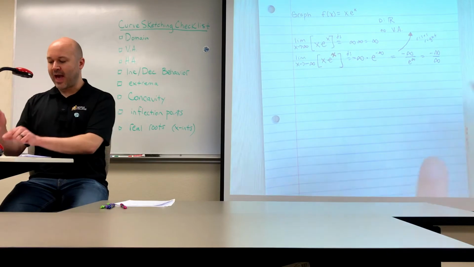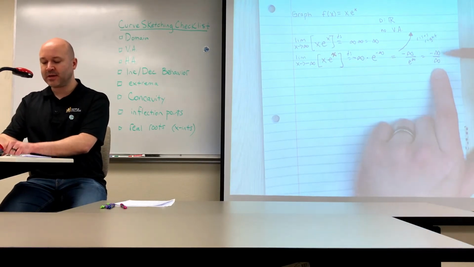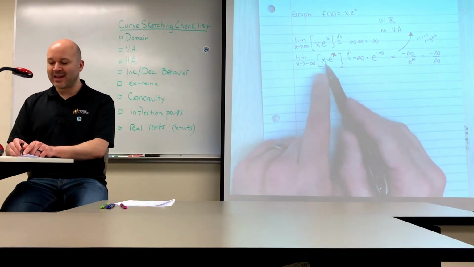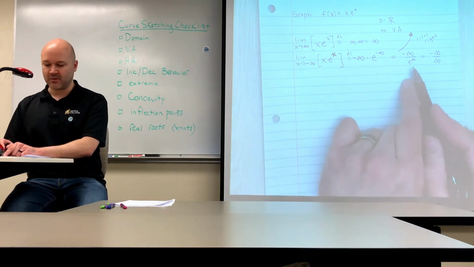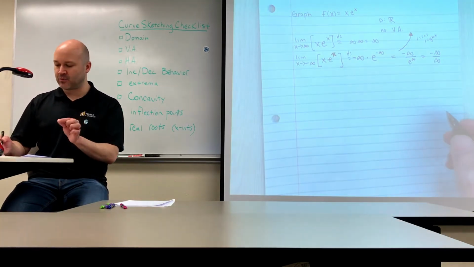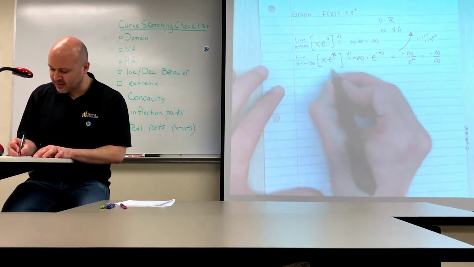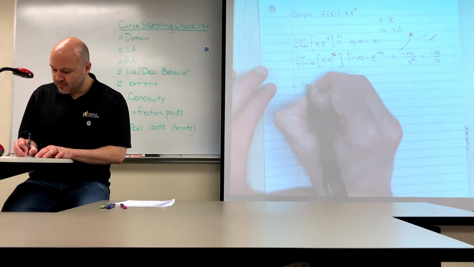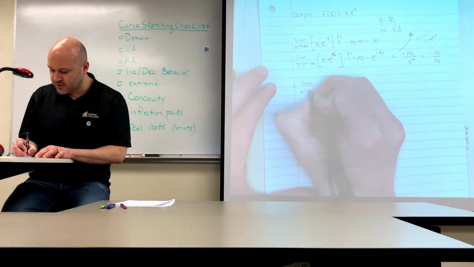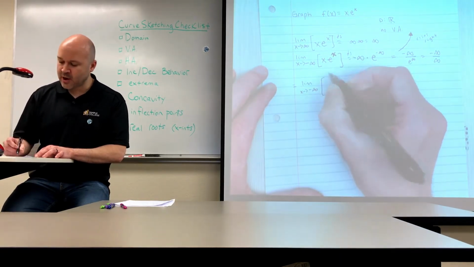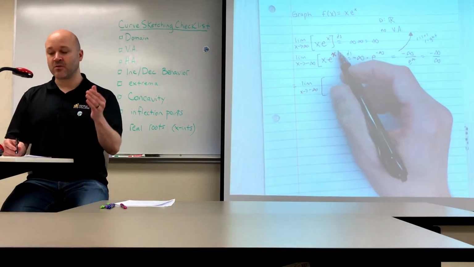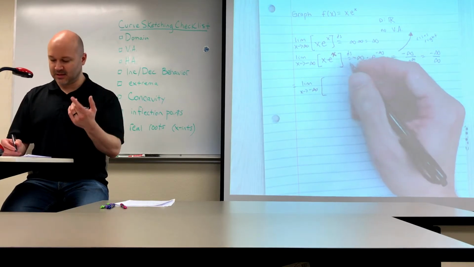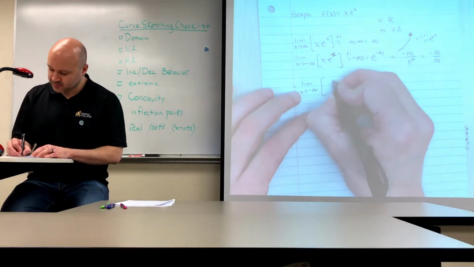Now, I got the ratio indeterminate because I took my product and I rewrote it as a ratio. So let me clean that up real quick. I said this function is equal to another function where I rewrote e to the x as 1 over e to the negative x.